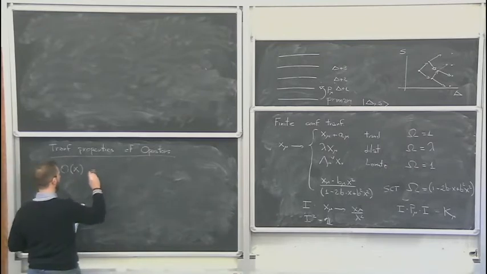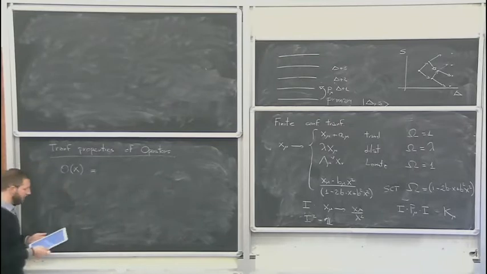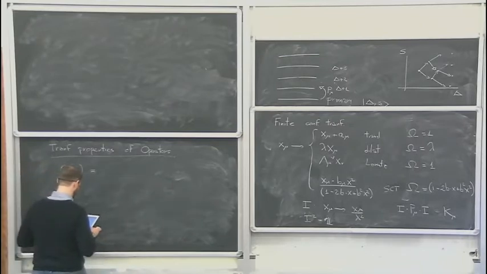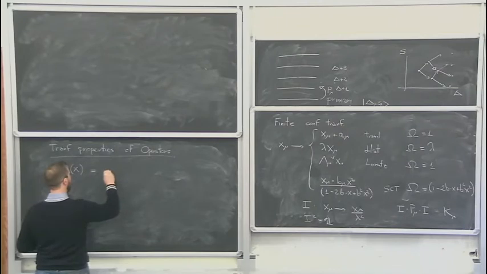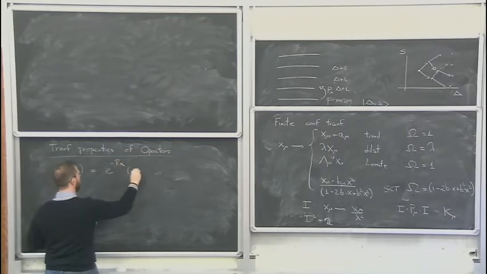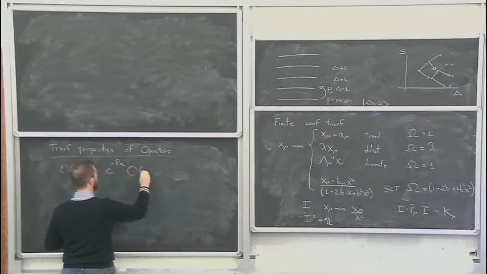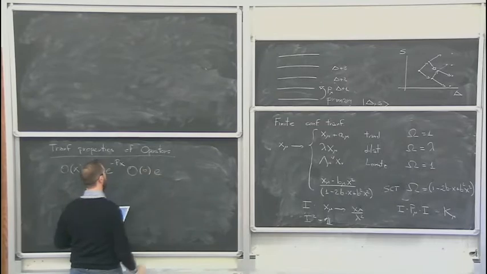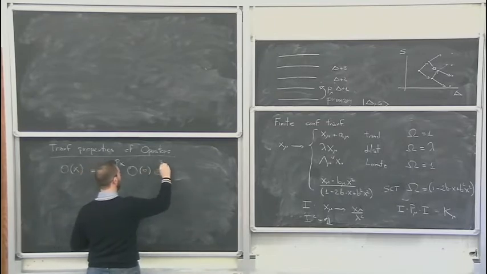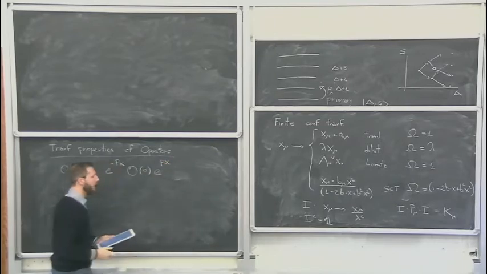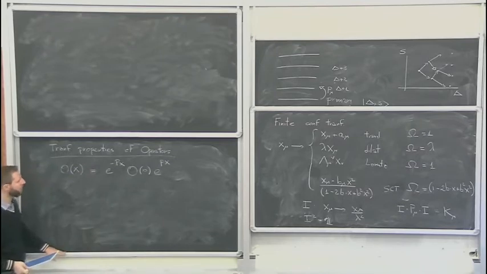And the reason is that such an operator can be written as the exponential of minus px, operator inserted at 0, e to the px. Right? You can always do that.